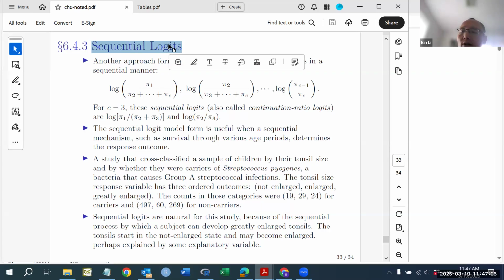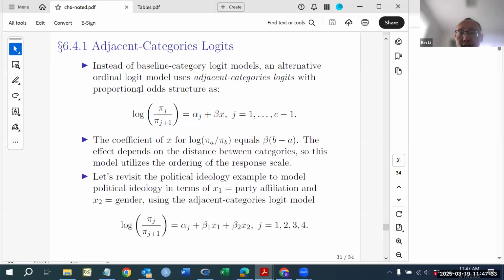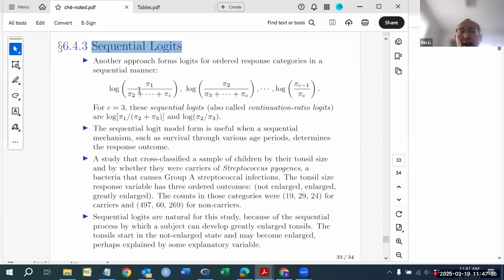That's the reason why people proposed different models: the baseline is one, adjacent category is one, and the sequential logit is one. These are just for different purposes. Sometimes for this data set, for this research, sequential is the most interpretable one, the one that makes the most sense. So that's how we choose which one we should use.